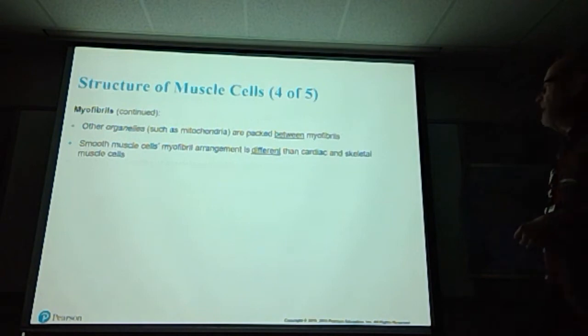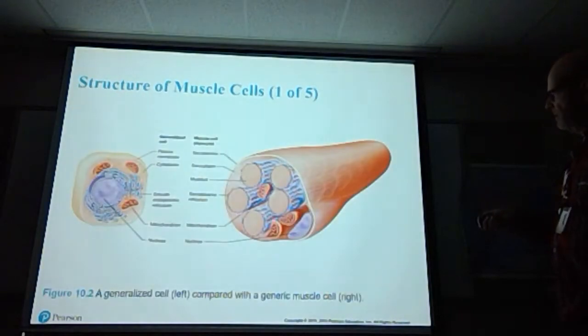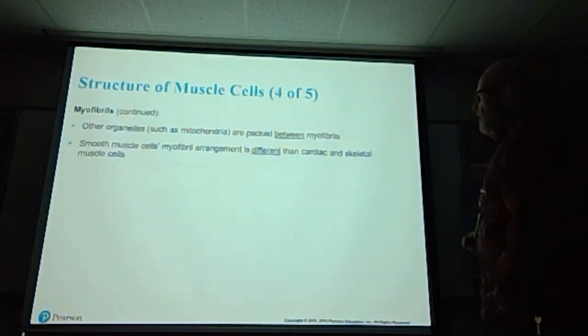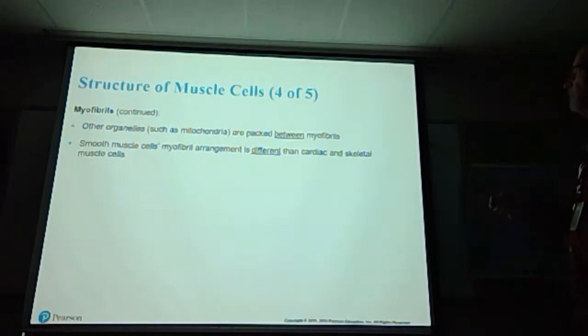Other organelles, such as the mitochondria, are packed between the myofibrils. So let's go back to our picture. See, there's the mitochondria being packed in. There's the nucleus sort of shoved out to the outside. In smooth muscle cells the myofibril arrangement is different from cardiac and skeletal muscles, and we will talk about those when we get a little further along in this chapter.